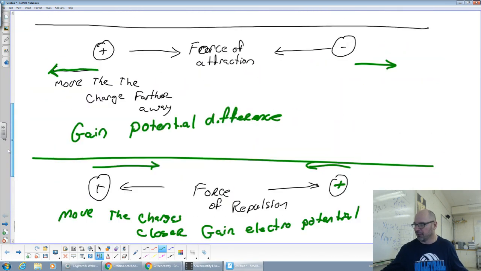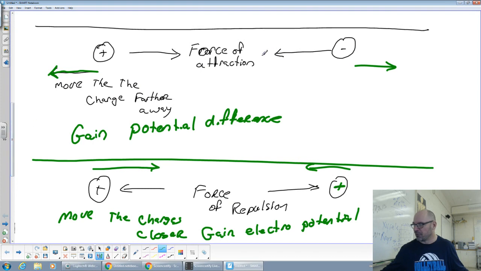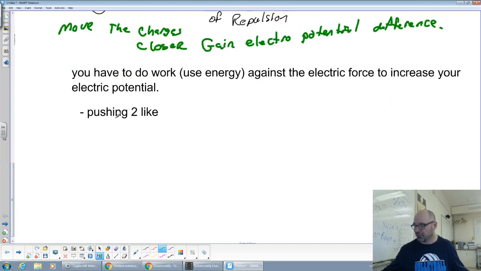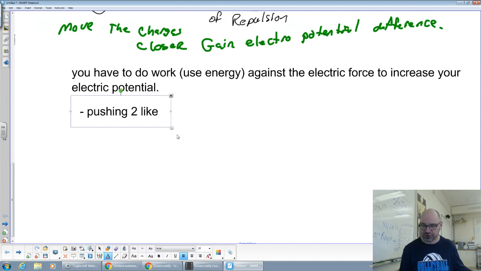Okay. Hopefully, this one's two opposite charges. You can pull them apart to gain electric potential. Two like charges, you push them together to gain electric potential. So in order to gain the electric potential energy, push two like charges closer together.